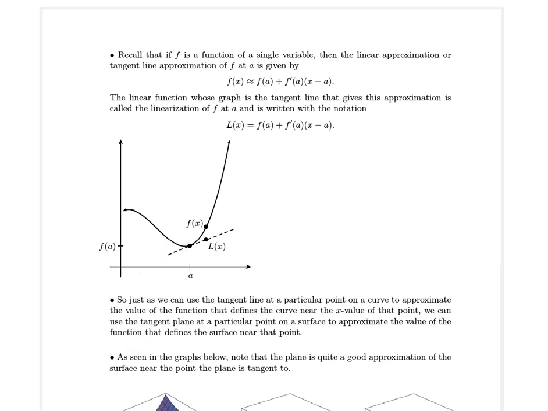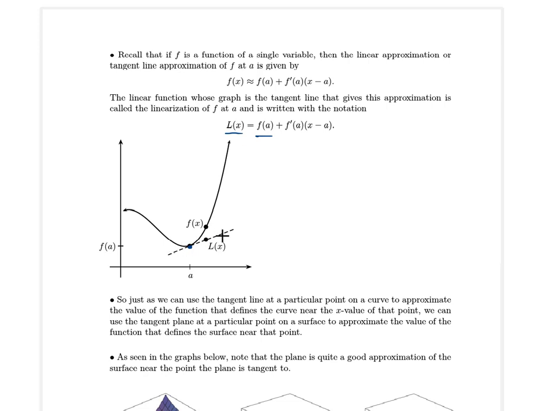here, I just want to remind you of what that formula is. So the linear approximation to this function at the point a is just going to be this value f of a, okay, which is right here, plus the derivative at a, right, which is our tangent slope, times x minus a.